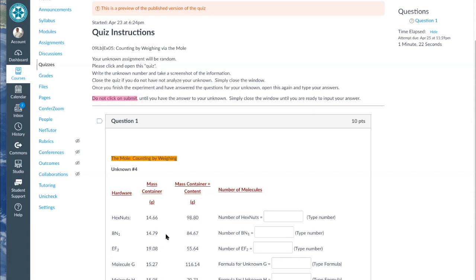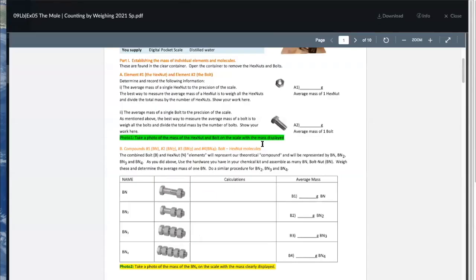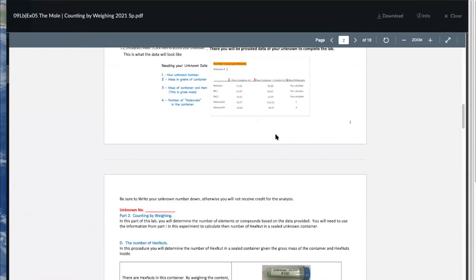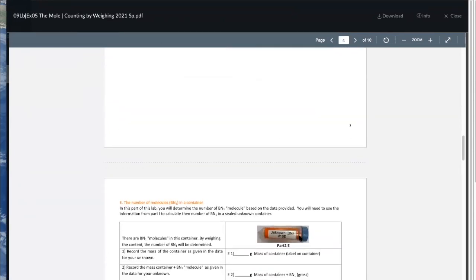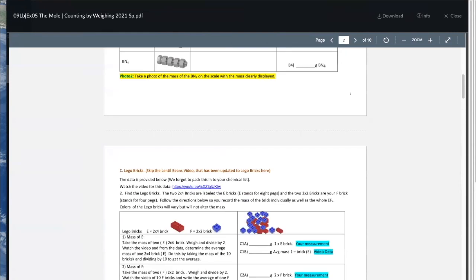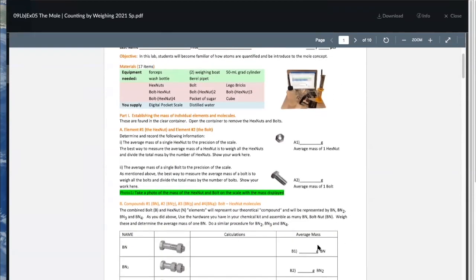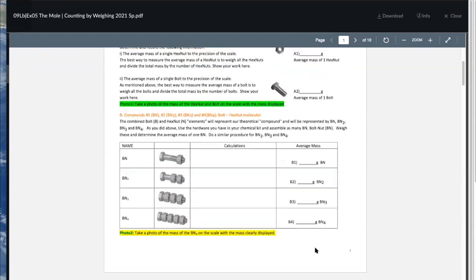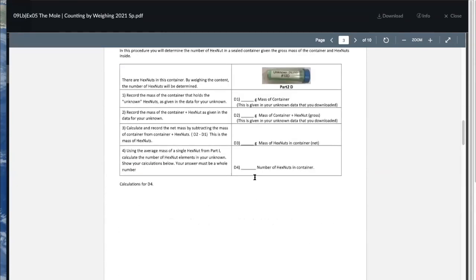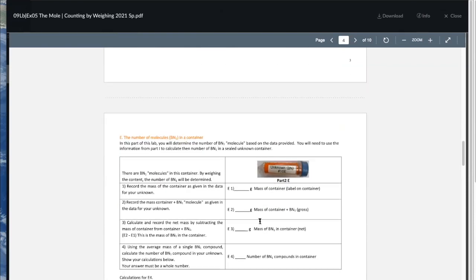You do the same thing for BN1. For BN1, what you need to do is you go over here. This is a BN1. The mass of the container plus the sample, the mass of just the sample. And if you divide that mass by the mass of one BN1 right here, then you'll be able to tell me how many BN1 molecules are in that container.